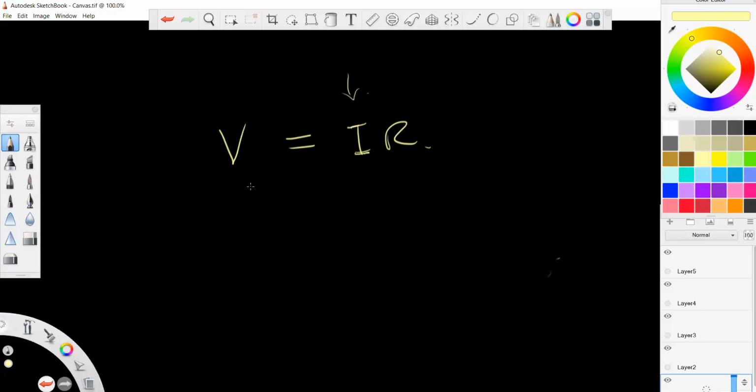The trick to rearranging equations is that I want to get the I, or whatever I want, on its own. So at the moment, I is in the equation, which is what I want, the current, but it's not on its own. So I want to get it on its own. So what I want to do is cancel out anything on that side.